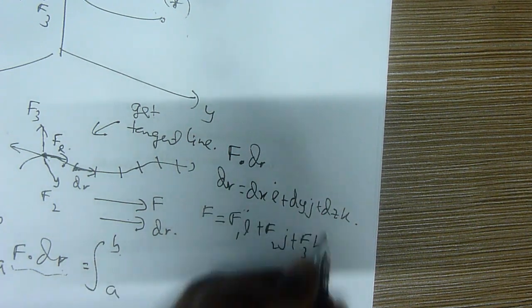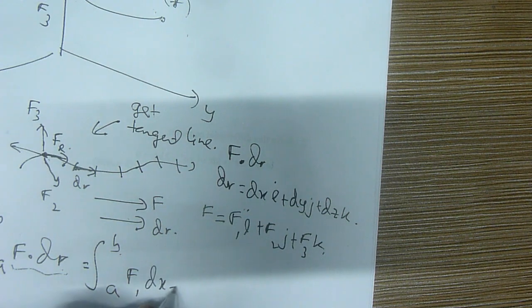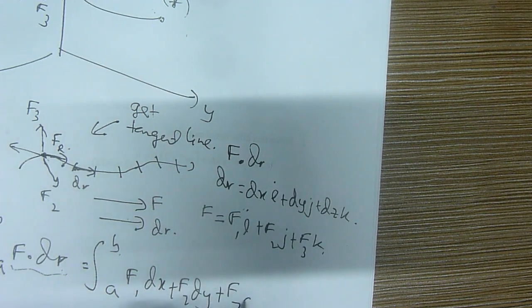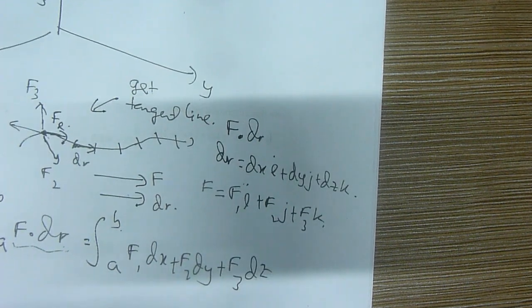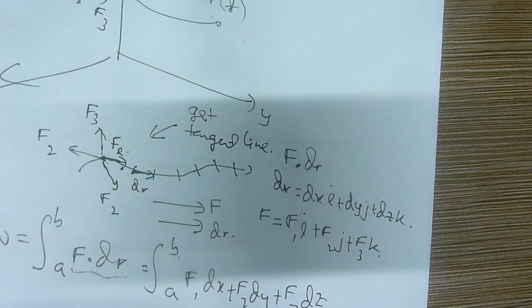Combine these two and I get F1 dx plus F2 dy plus F3 dz. This is a scalar. Please see this carefully.